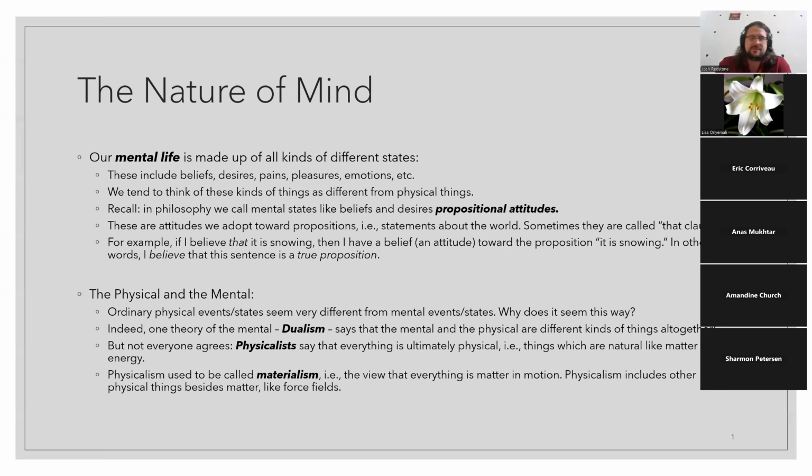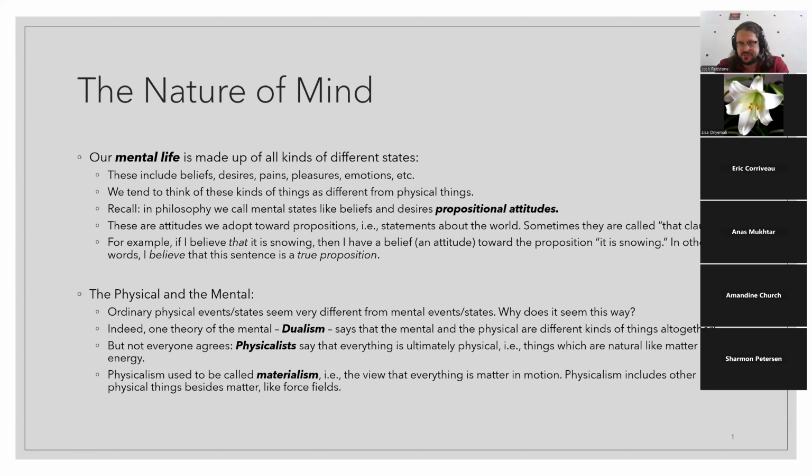So there's one theory of the mental, and it's called dualism. And there are a couple of different versions of it, but we're going to look at both of them today. But dualism says that the mental and the physical are completely different kinds of things. There's two different versions, as I said.